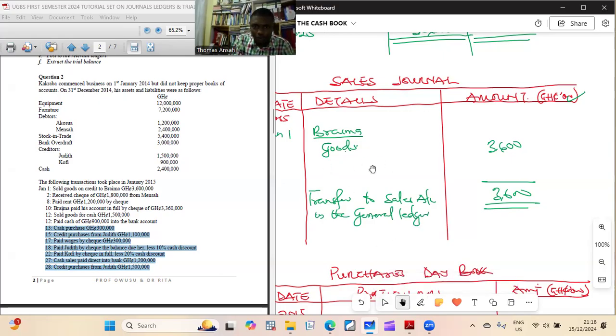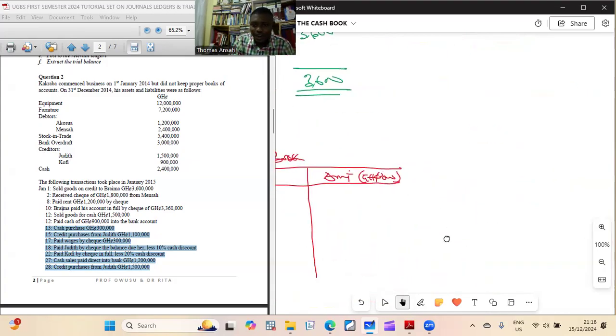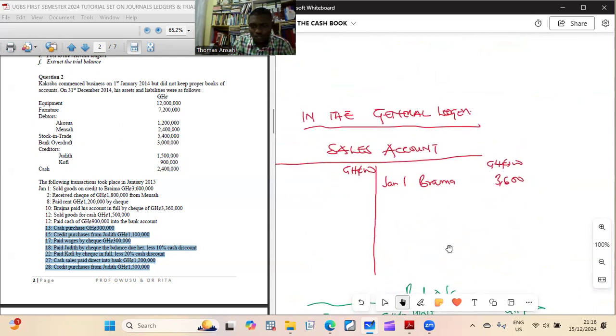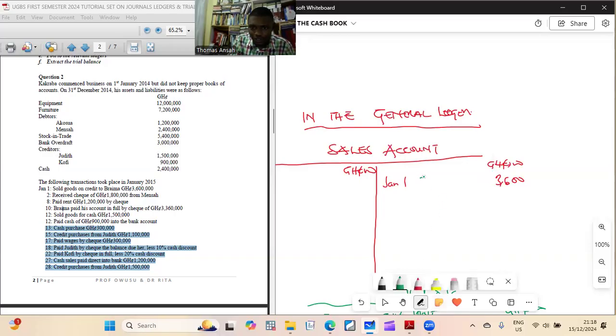If there were other people, you would add all the totals, then take the total to the sales account. So instead of making it all about Brahma, I will be writing credit sales.